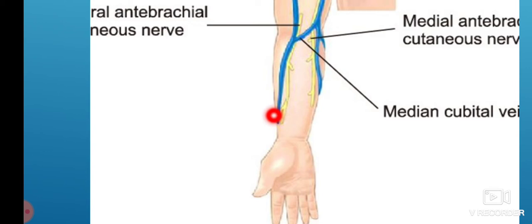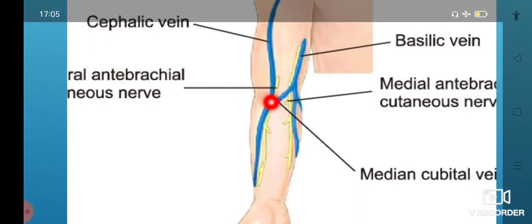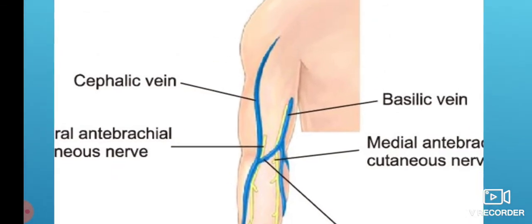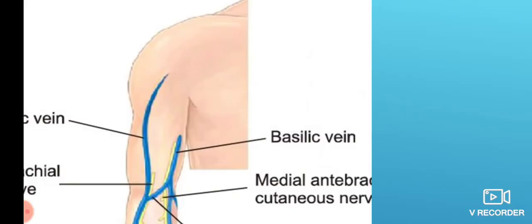The cephalic vein, after arising from the lateral side of the dorsal venous arch, passes upwards along the lateral side of the forearm and reaches the cubital fossa. Then it passes along the lateral side of the arm. When it reaches the upper part, it pierces the deep fascia, and thereafter we cannot see this vein. It goes deep and joins with the axillary vein present in the axilla. That is the fate of the cephalic vein.